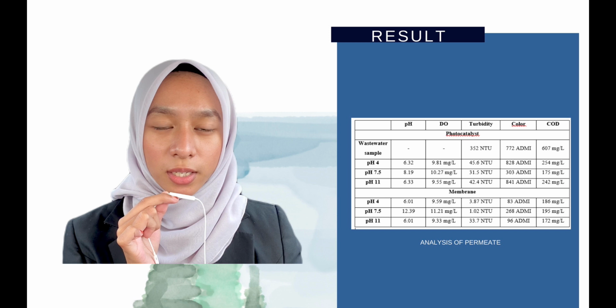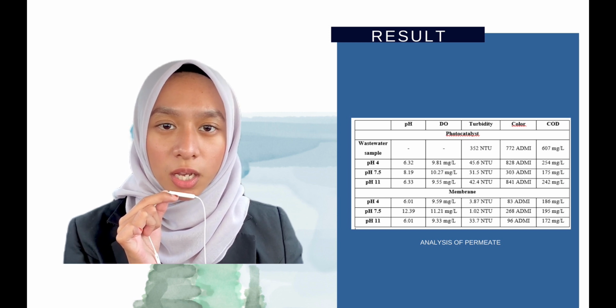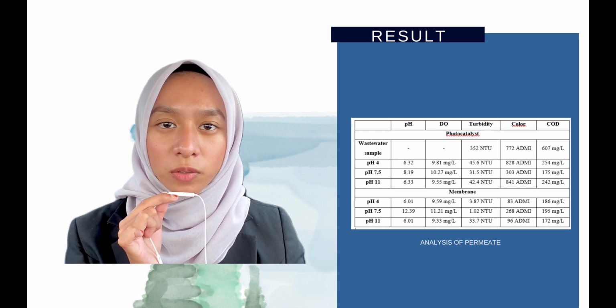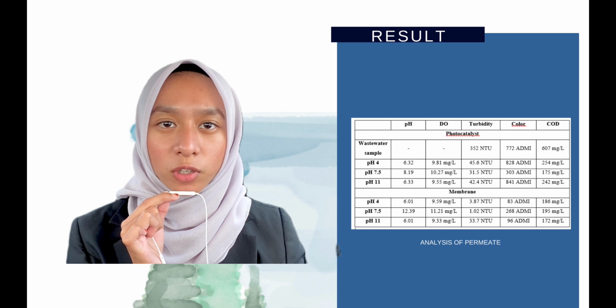For COD, pH 7.5 has the lowest COD reading after photocatalysis process, but pH 11 has the lowest COD reading after membrane process. Therefore, a certain amount of contamination that entered the water has been reduced. pH 4 has the highest COD reading after photocatalysis process and pH 7.5 has the highest COD reading after membrane process.